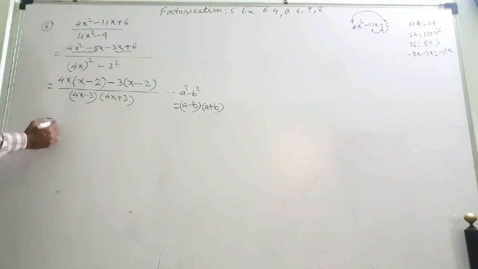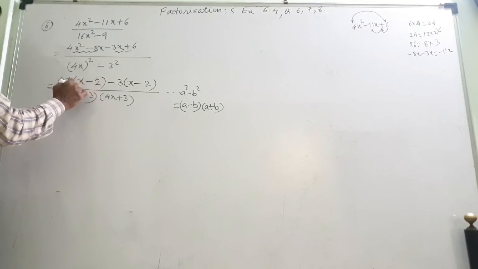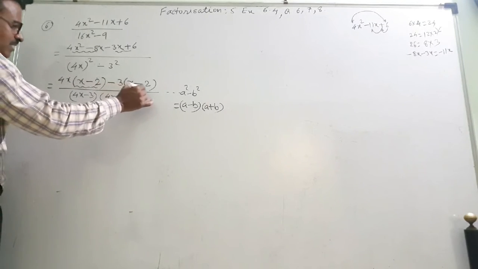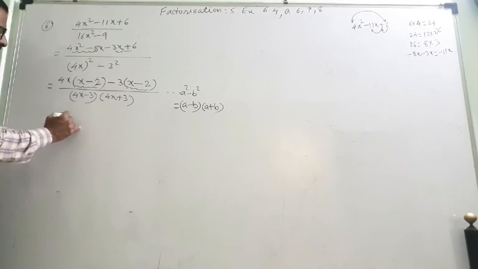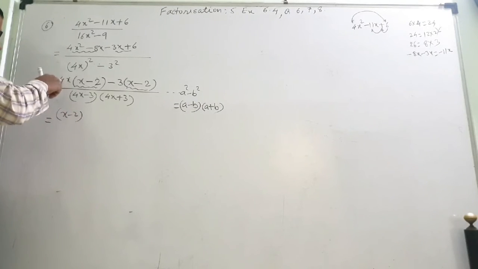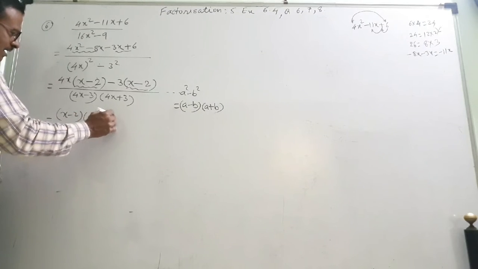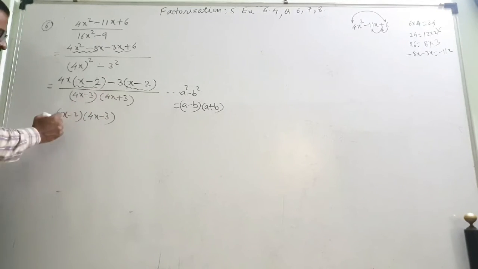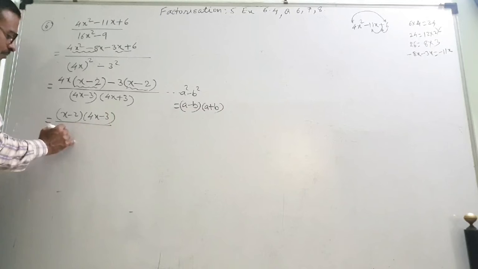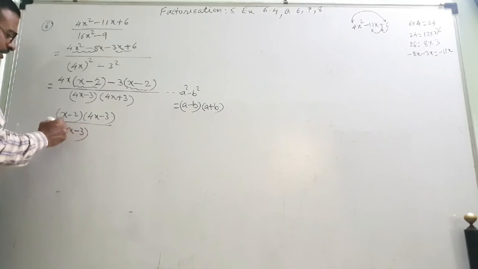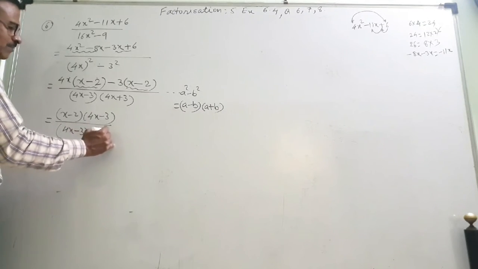So that is equal to. Now this x minus 2 is common. So what is remaining? 4x minus 3 is remaining, that is taken in another bracket. Now this I will write 4x minus 3 into another bracket 4x plus 3.